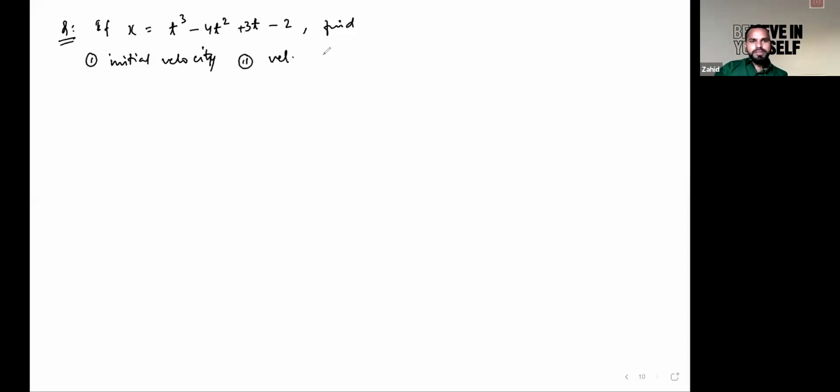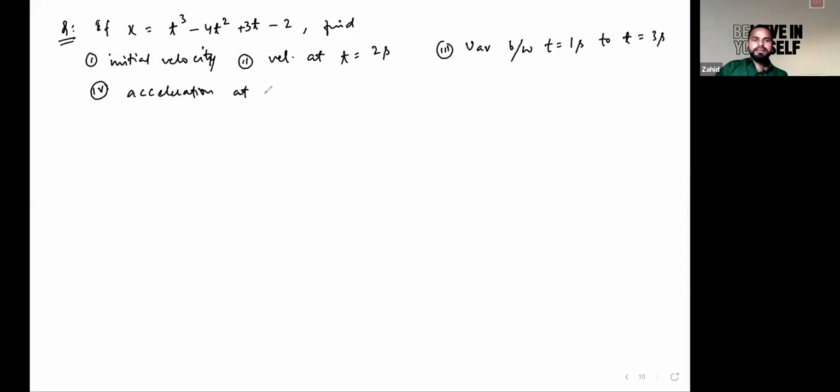Second, the velocity at t equals 2 seconds. Third, the average velocity between t equals 1 second and t equals 3 seconds. Next, the acceleration at t equals 3 seconds. Try to solve.